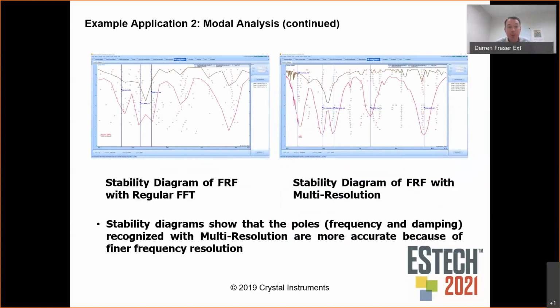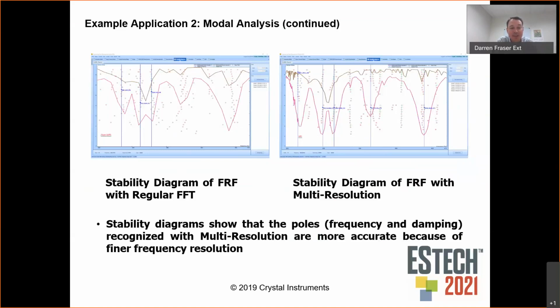We should note that when we run a stability diagram on this data, both for the steel plate, and in this case the plexiglass plate, when we run our curve fitting algorithm, we see a large distinction in the stability diagrams of these FRFs.